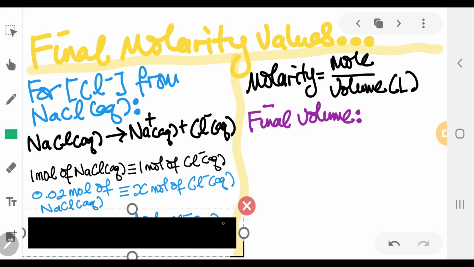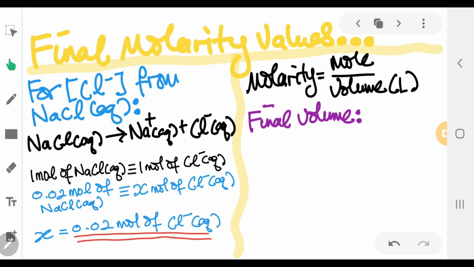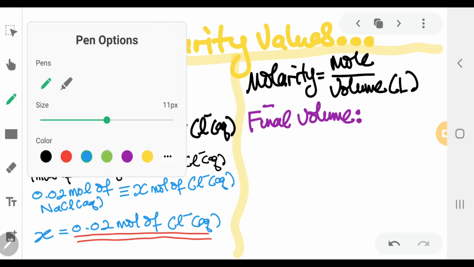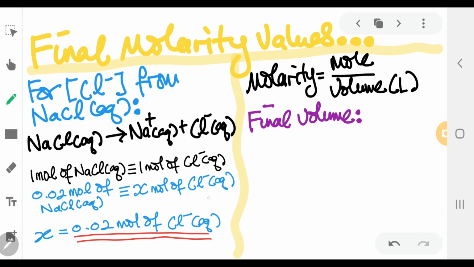Of course, it would be 0.02. You're just going to do cross multiplication and you get 0.02 mole of Cl minus aqueous. By finding the number of mole of Cl minus aqueous, you get 1 mark. And by doing this whole thing over here, the balanced equation with the proportionality, you get another 1 mark.